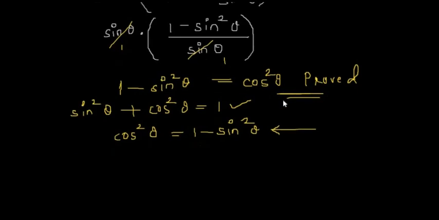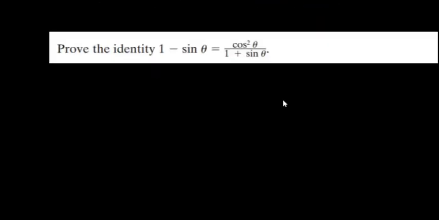Now let us look at the next question. These further questions are a combination of all the 3 identities you have learned. So prove the identity 1 minus sine theta is equal to cos square theta over 1 plus sine theta. So again we have to prove that LHS is equal to RHS.